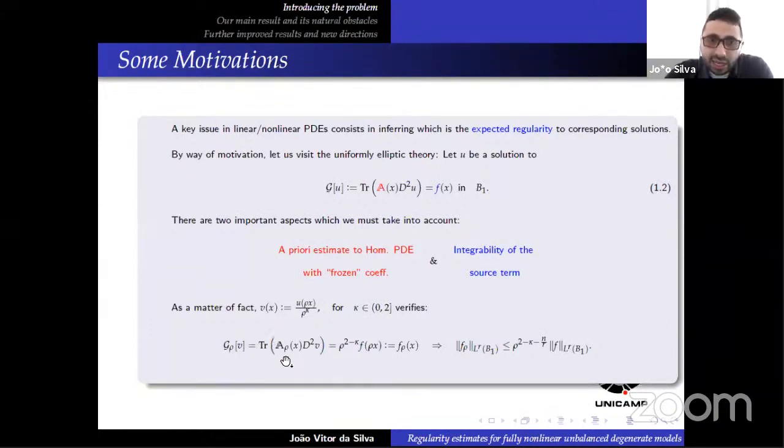The matrix rho is not the same matrix, the scaled matrix, but remains in the same class, with the same modulus of continuity. The right-hand side is a scaled right-hand side. F is not the same right-hand side, but depends on kappa, and remains in the same integrability space.